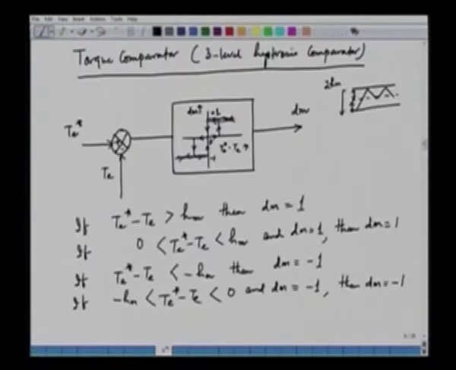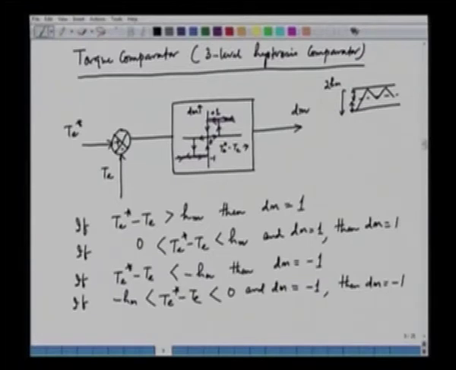If T star minus Te is greater than 0, is less than Hm, and dm is equal to minus 1, then dm equal to 0. So, say for example, we are travelling from minus 1 to 0, how does it happen?